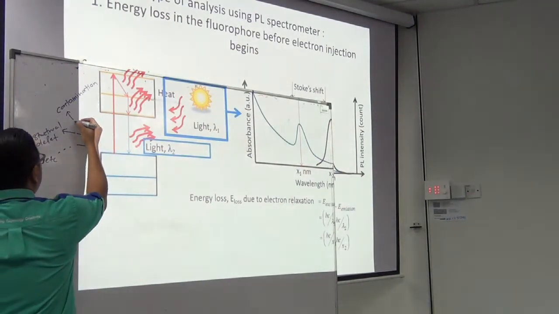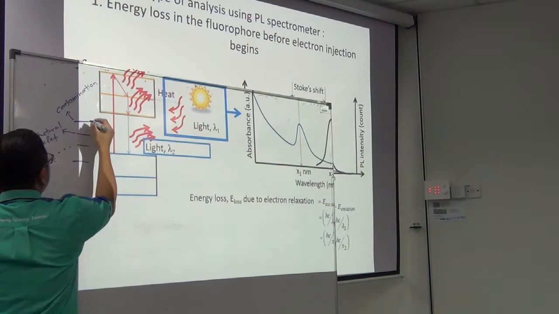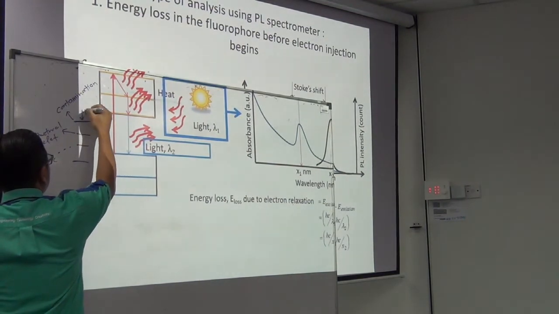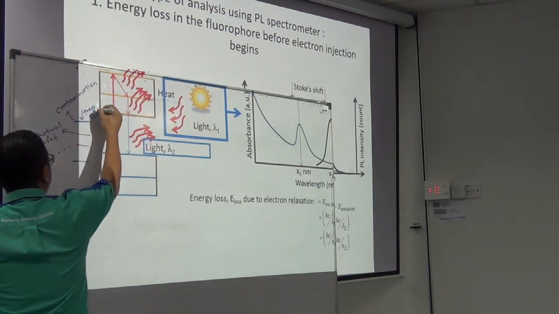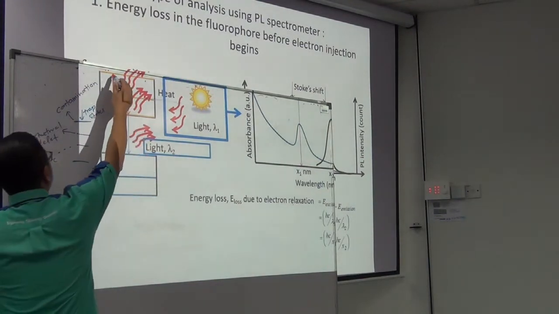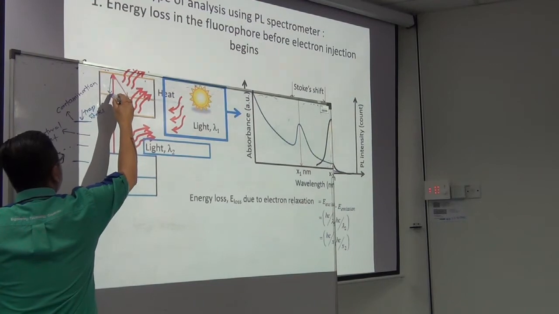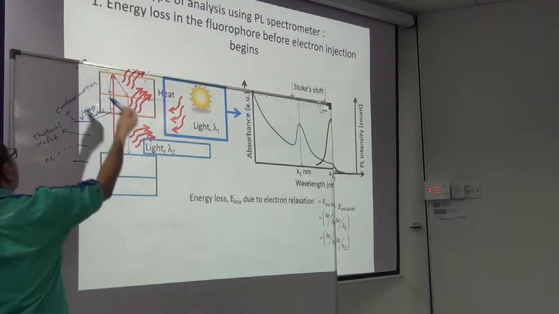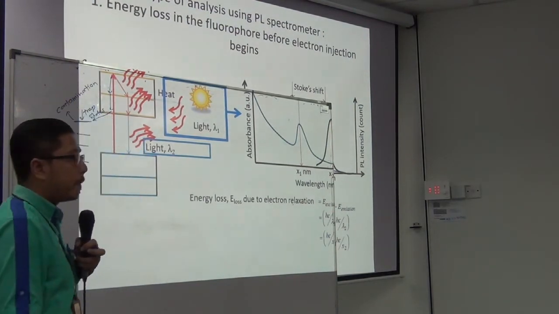Maybe their conduction band is over here and their valence band over here, and they are creating this trap state. And this electron could also relax over here, and here, before being injected to the second component.